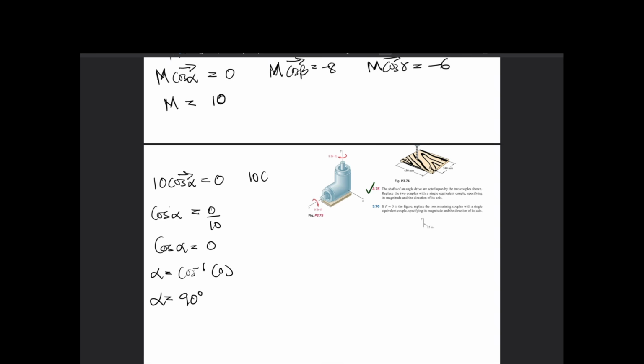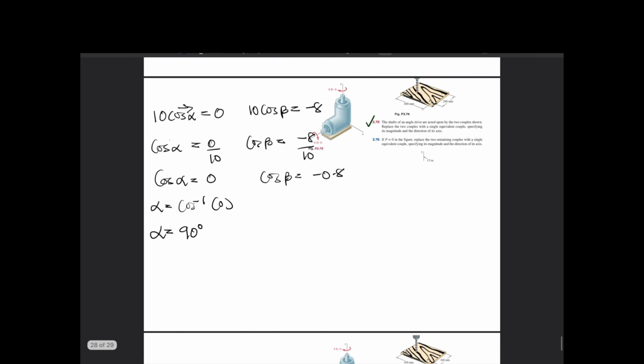So 10 cos beta is equal to minus 8. So cos beta is equal to minus 8 over 10, so cos beta is equal to minus 0.8. Then beta is equal to arc cos of minus 0.8, which gives us 143.13 degrees.